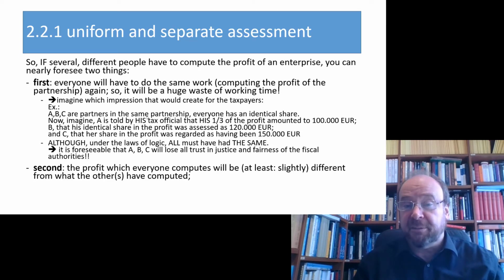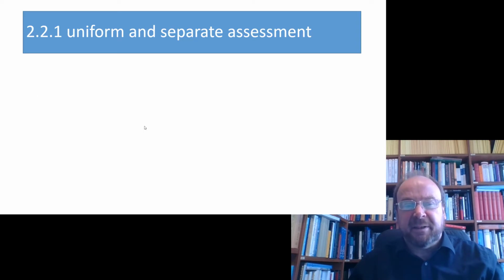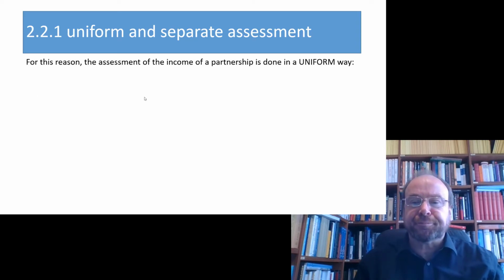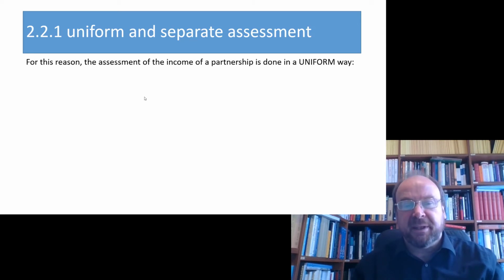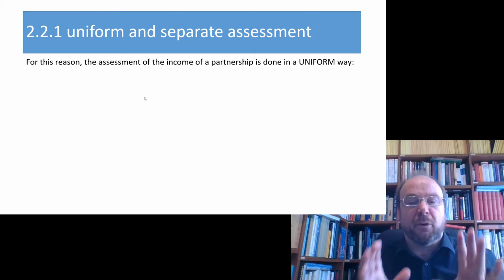And apart from that, the same work is done three times by three different people. That evidently cannot convince, and for this reason, German law says that if we have a partnership, then the assessment of the income achieved by this partnership is done once and for all, only once.